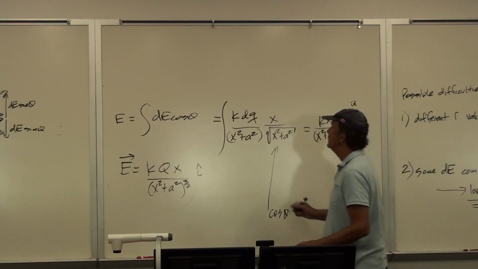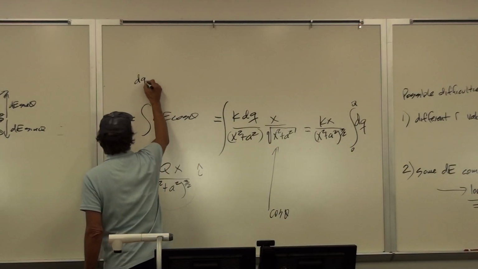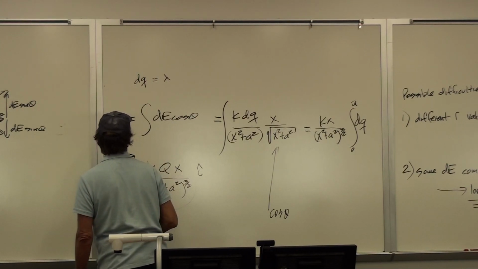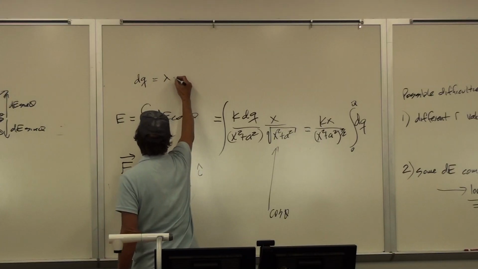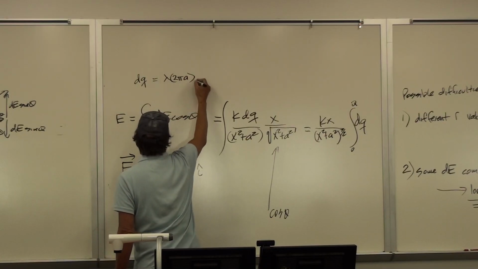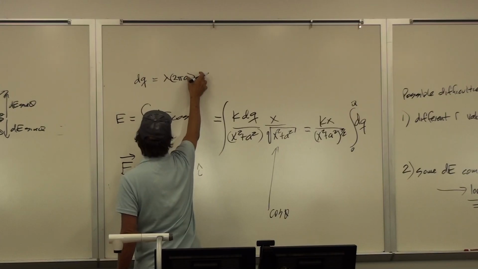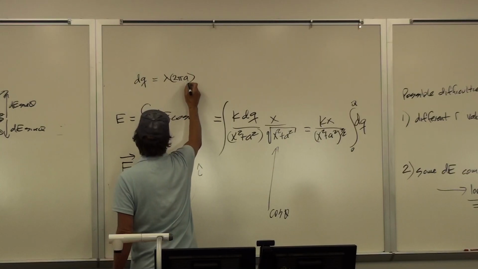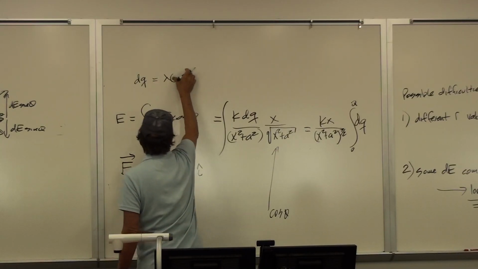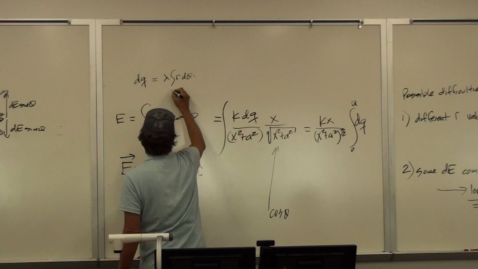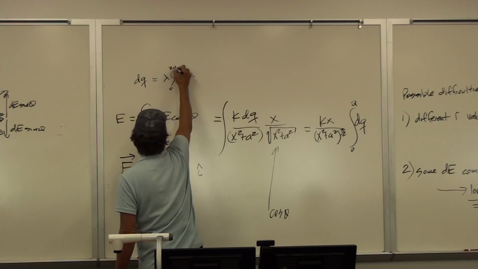You could write dq as charge per unit length times some little bit of length, which would be the integral of r d theta from 0 to 2 pi.